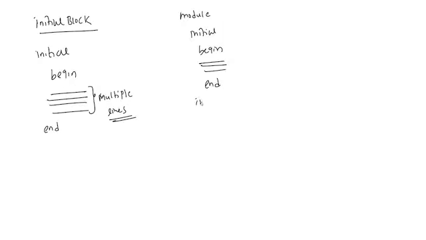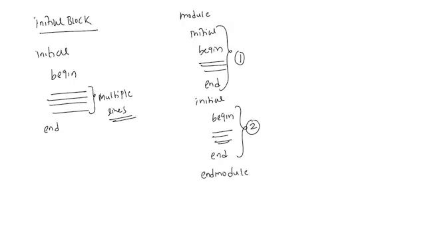Again you are writing initial begin, and some statements, and end, and endmodule. This is one initial, and this is another initial. So when you are writing this code, which one will execute first?